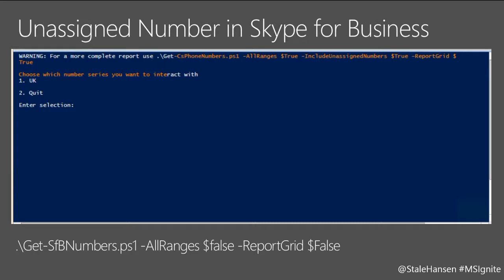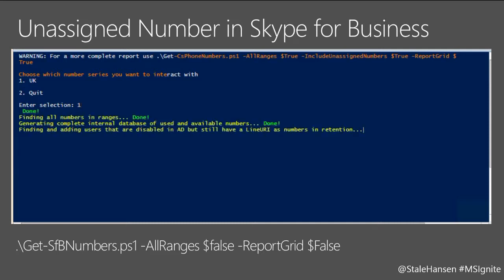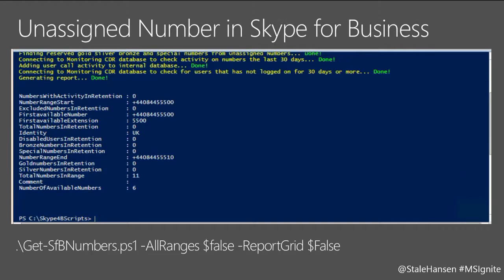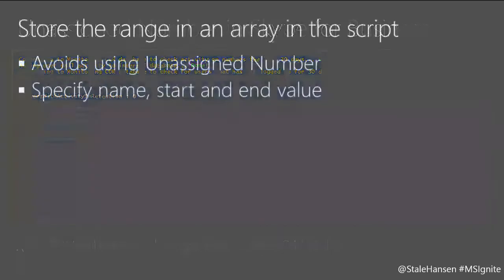And that menu is based on all the number ranges found within your deployment, either from unassigned numbers or from the array or from the input when you're running the script. By pressing 1, it will go through the entire deployment and find all the users that have used a number within the range and give you a good report. So just by specifying unassigned numbers, you will get some good info back.